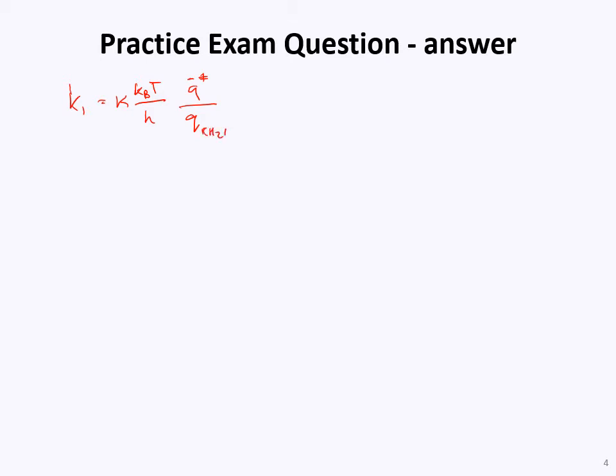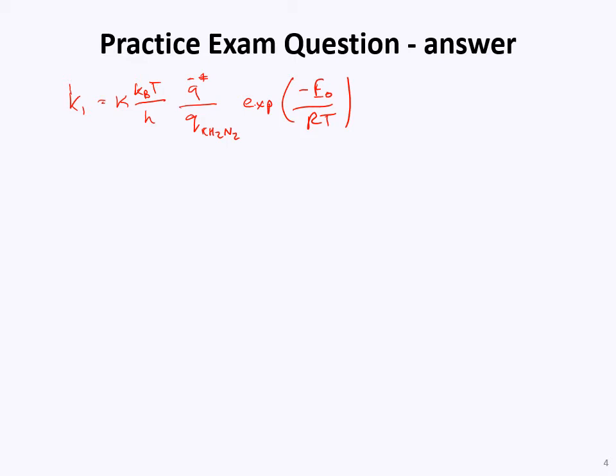So let's just put that in, and then exp minus E0 over RT. One thing to note is there's no Avogadro's number here, and that's because effectively both of these will be divided by L, and those will cancel.